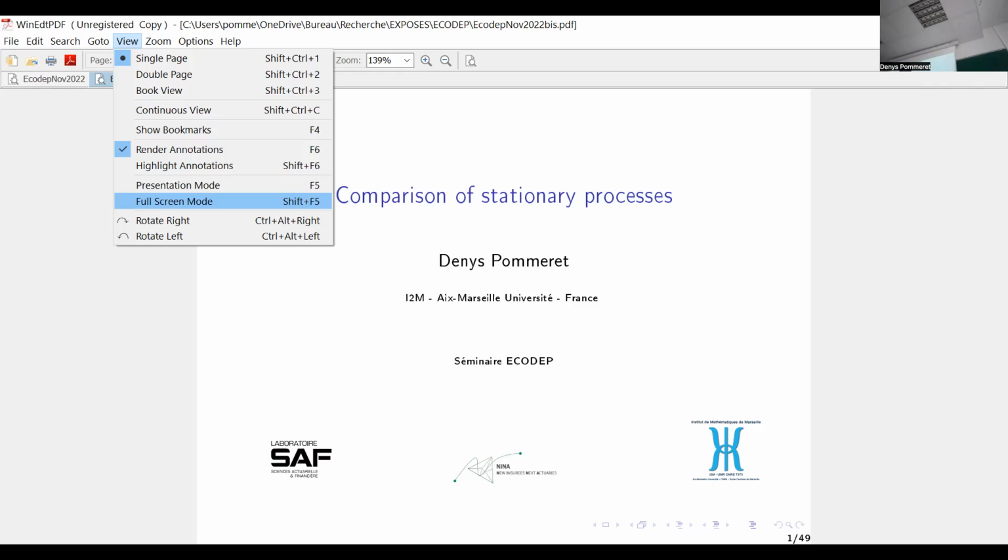And in 2009, Monk and others proposed such a technique adapted to alpha mixing processes. So they use the smooth test to compare the marginal distribution of a process to a given distribution.